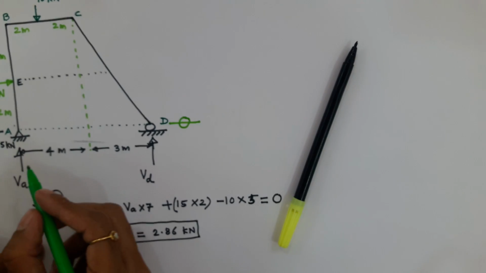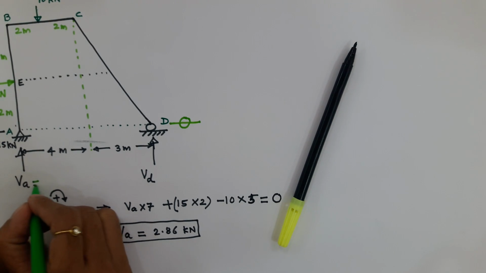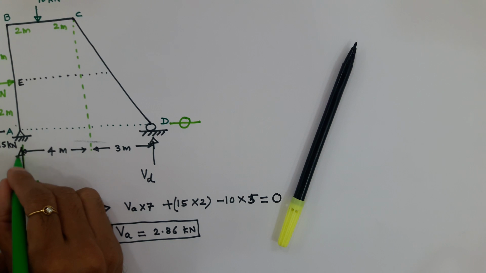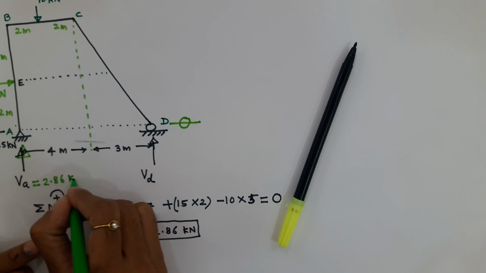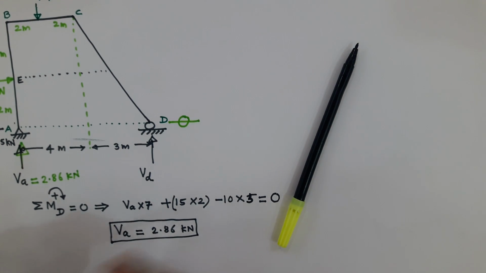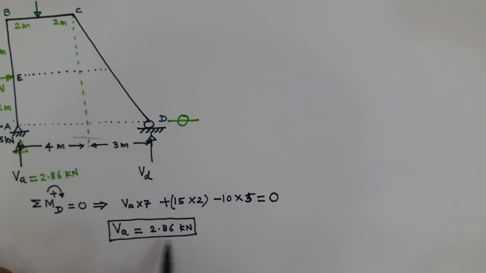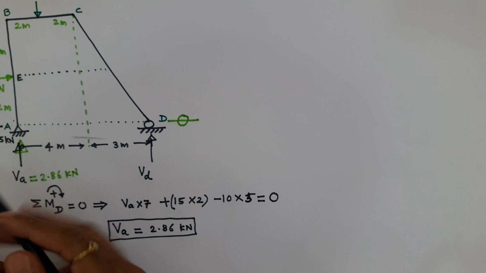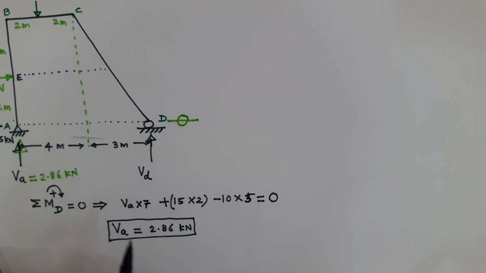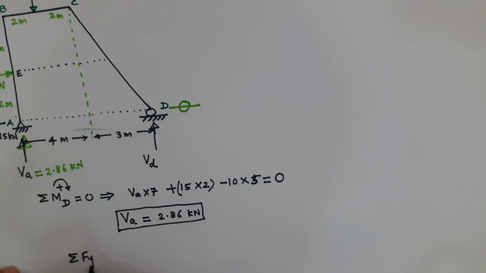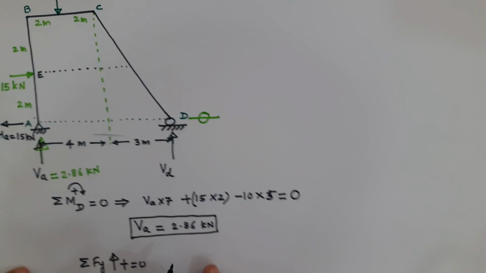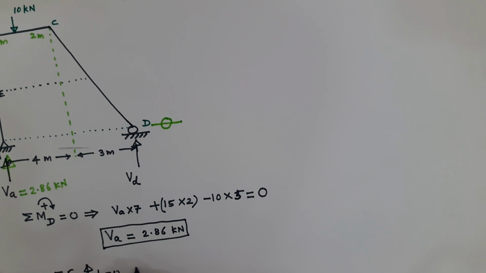That means now we can finalize that whatever assumed direction is correct and the magnitude is 2.86 kilonewton. Had this answer been negative, I would have reversed the direction, but since answer came out to be positive, my assumed direction is correct. Now as a usual step, I will carry out summation of Fy upward positive equal to 0. What it gives me?